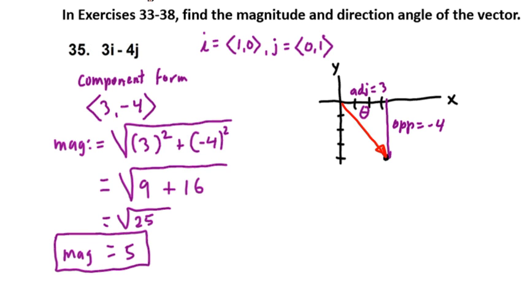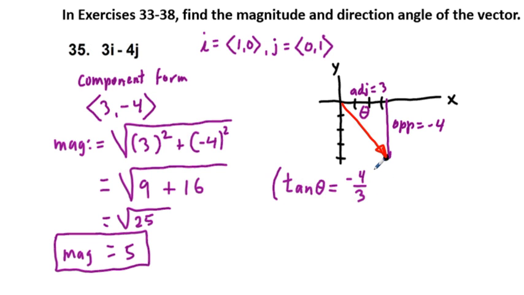Direction, we do the same way we did earlier. We know the tangent's going to be opposite over adjacent. So tangent theta is equal to negative 4 over 3.